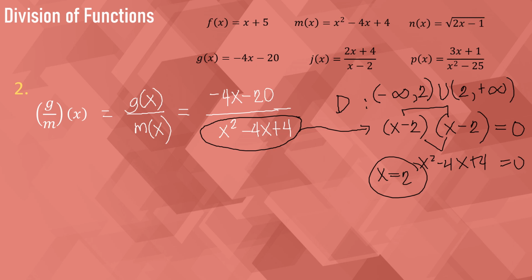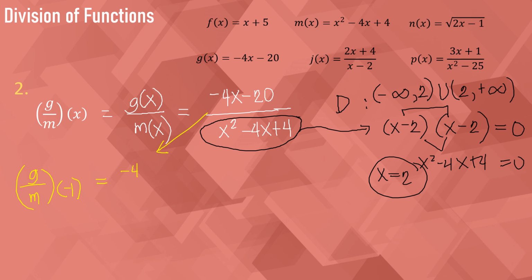Now, if we would like to go to the evaluation, let's say you are interested to know what is g over m of -1, you can have two options. The first option is using this function.